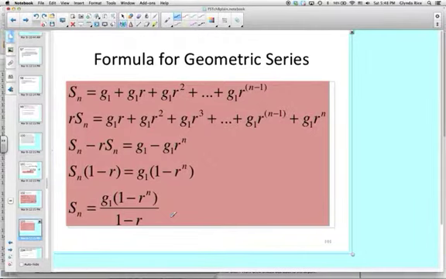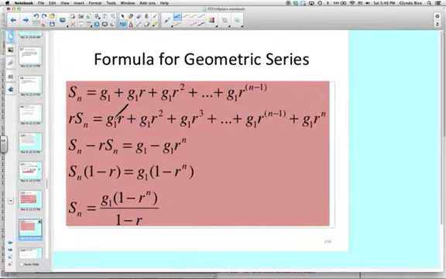So here, we used 2 last time because that was r. So we have g sub 1 times r, g sub 1 times r squared, and that's the way all the terms get generated. Here, if you multiply through by r, now you have g sub 1 times r, so g sub 1 becomes g sub 1 times r, and such.